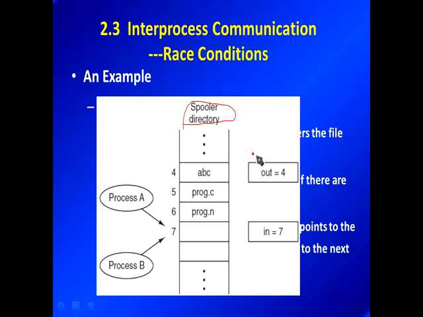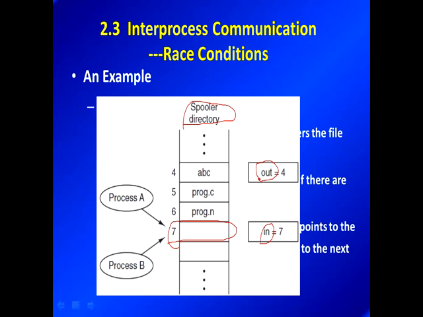In this figure, if some process wants to put a new file to be printed, it should put the file into this slot, because in is set as 7. In and out are these two variables.